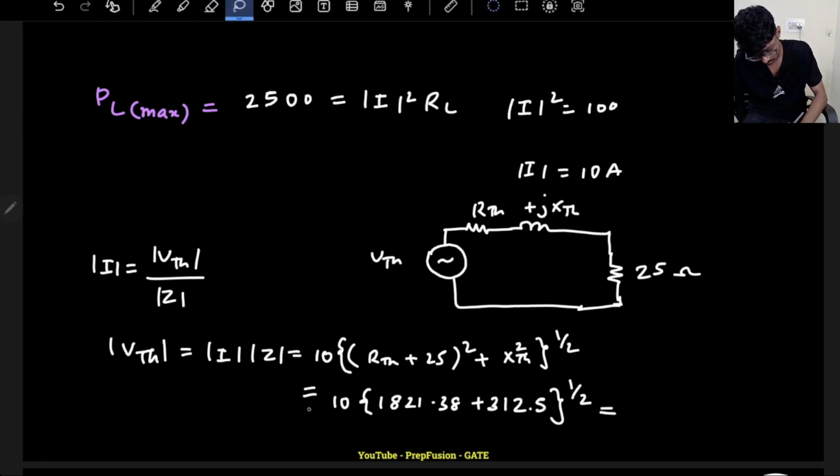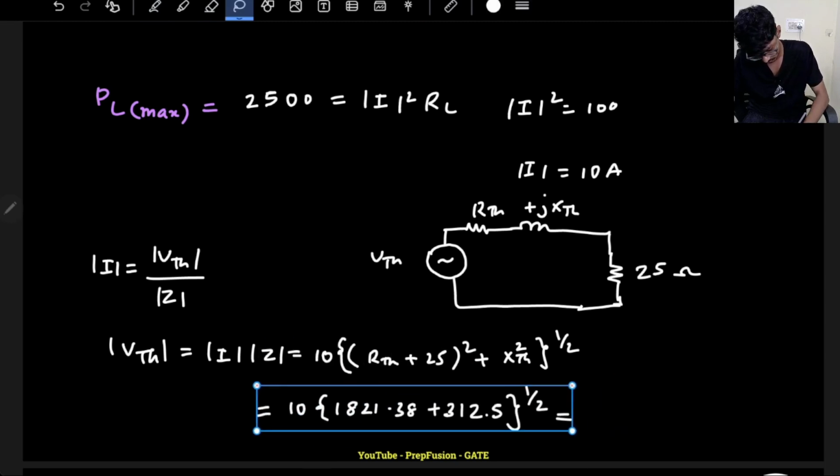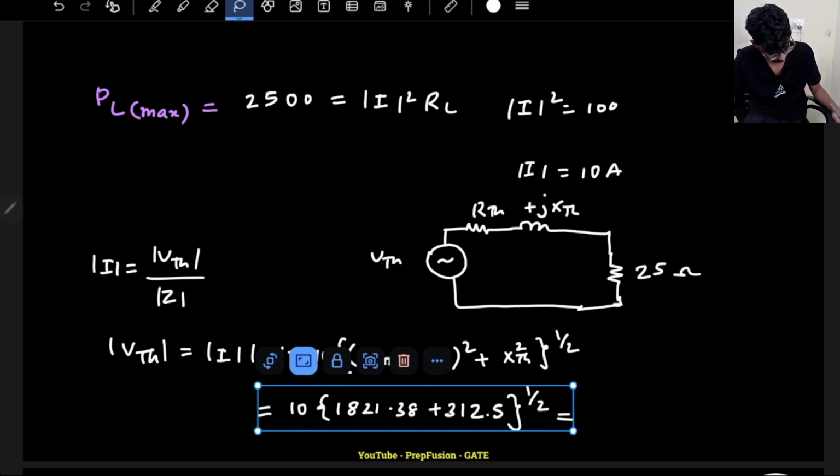So this will be equal to 10 times the square root of 312.5 plus 18.21.38.